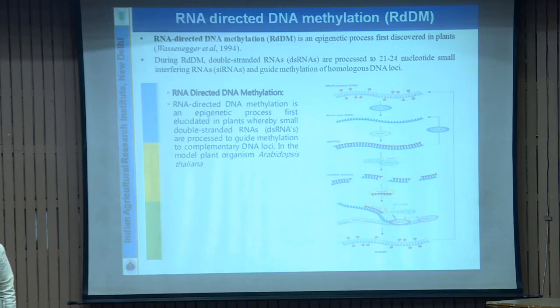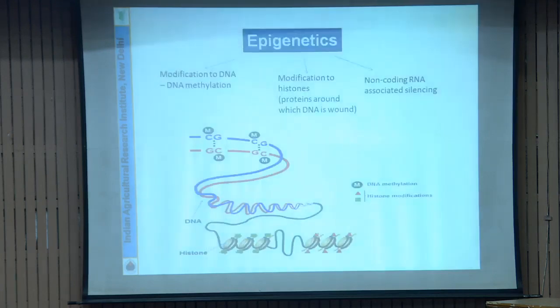These are three different kinds of epigenetic modifications which are well known and well established. So in short, you can see modifications to DNA due to DNA methylation, modification to histone proteins through post-translational modification of histones, and non-coding RNA or small RNA mediated DNA methylation or silencing. These are the three main pillars of epigenetics, which can be shown over here.